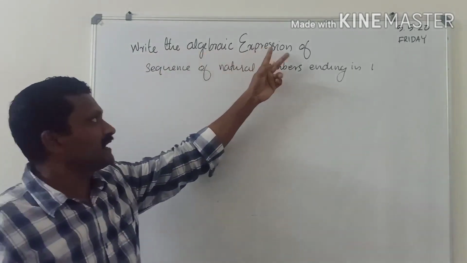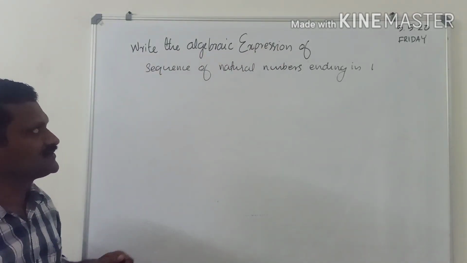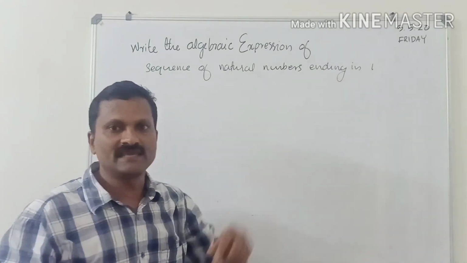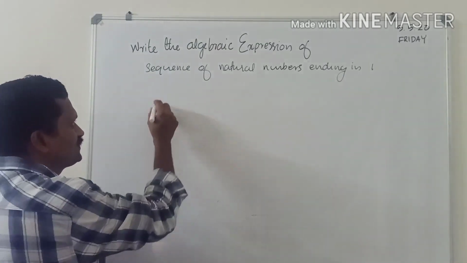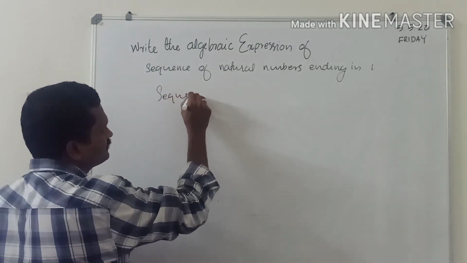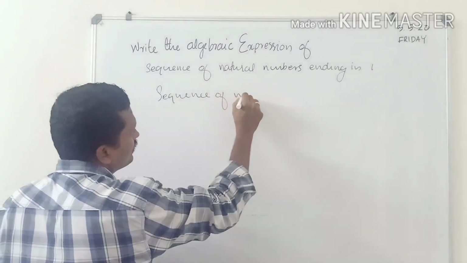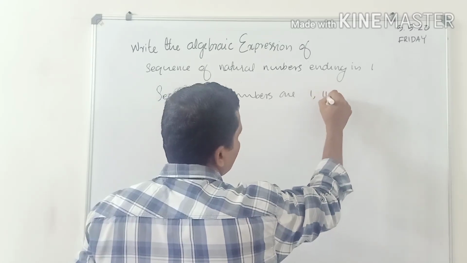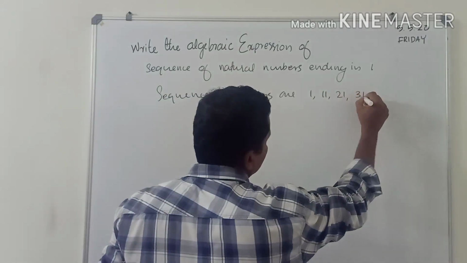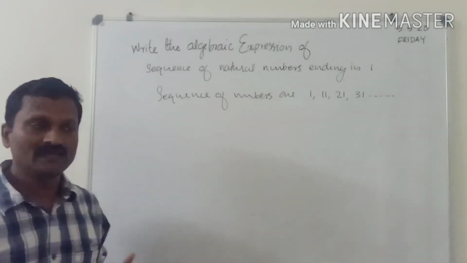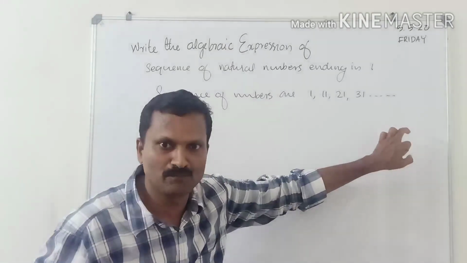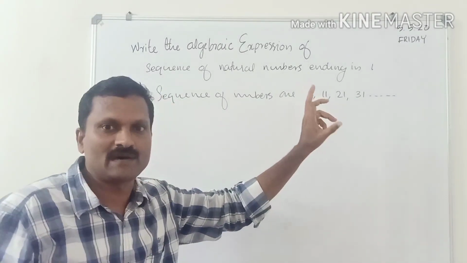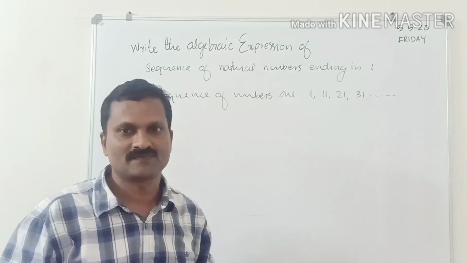Write the algebraic expression of the sequence of natural numbers ending in 1. The sequence of numbers is 1, 11, 21, 31, etc. Here also find the relation between natural numbers and these terms.